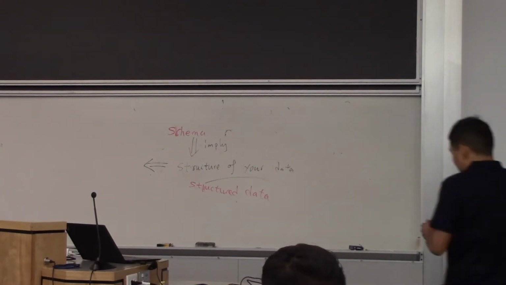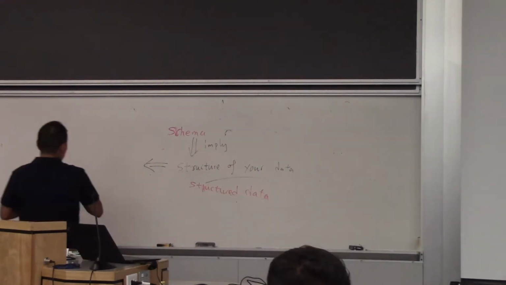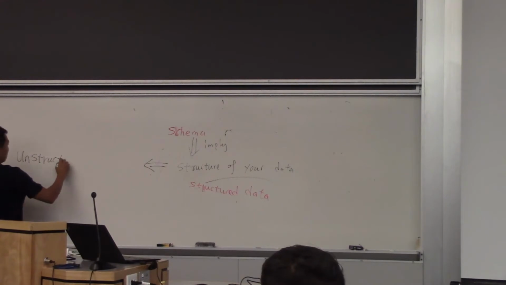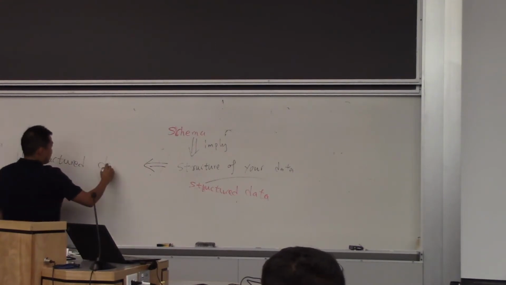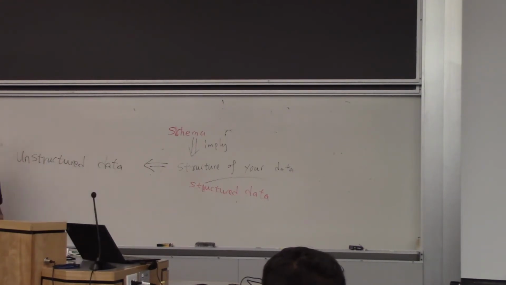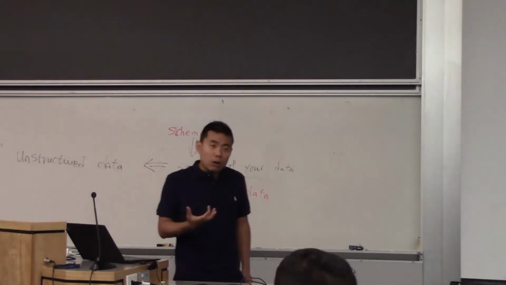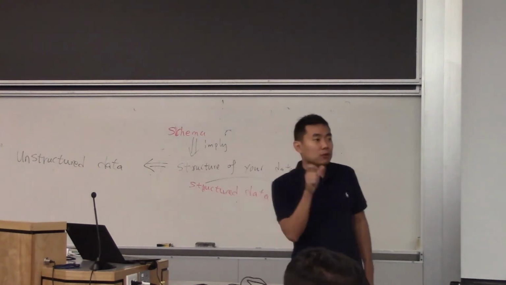However, this is to be compared with what we call unstructured data. And increasingly, this becomes really popular for the reason I will explain in a minute. So what is unstructured data? Unstructured data means that you do not necessarily know the specific structure of your data.